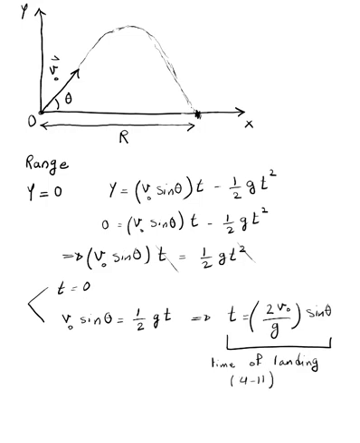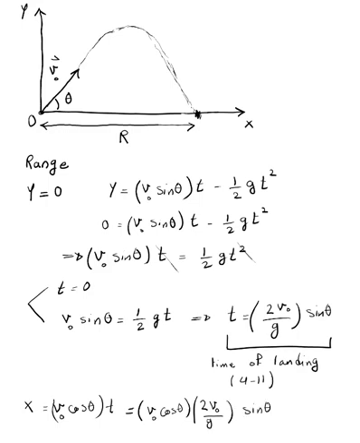Now I substitute this time into x equals v naught cosine theta times t to find the range. So this is going to be v naught cosine theta multiplied by 2 v naught divided by g sine theta.